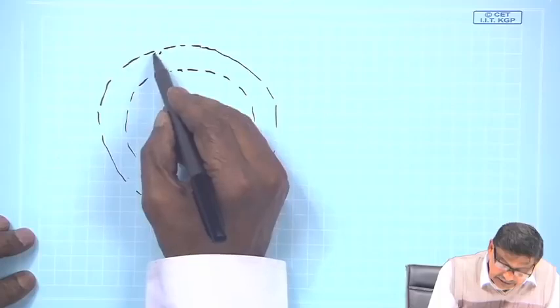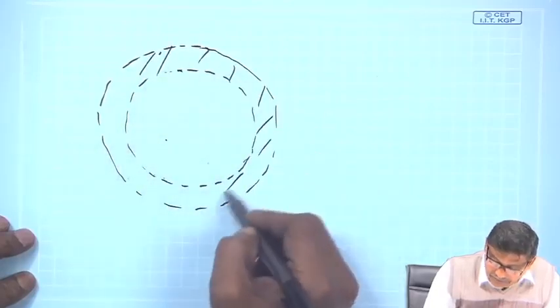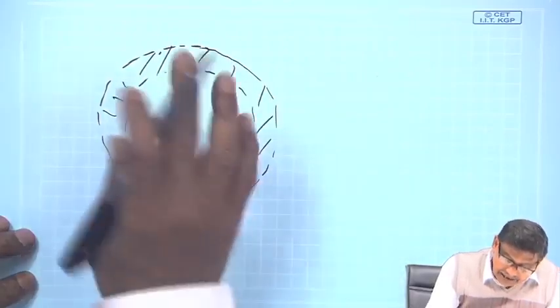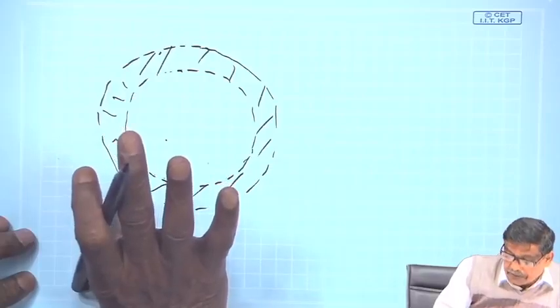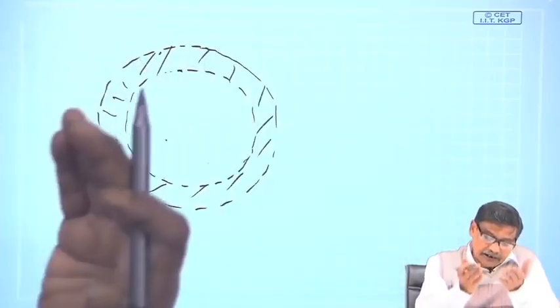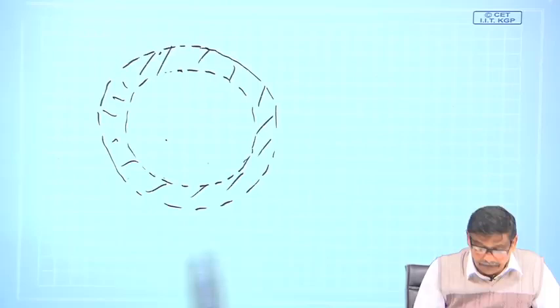These are iron, and it has a length perpendicular to the paper. It goes around, made of iron.